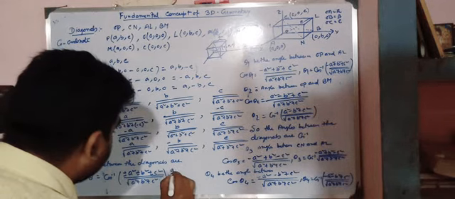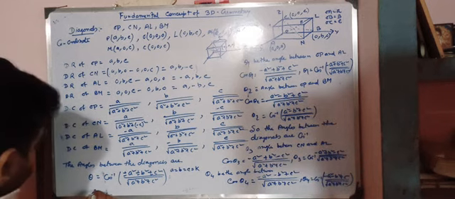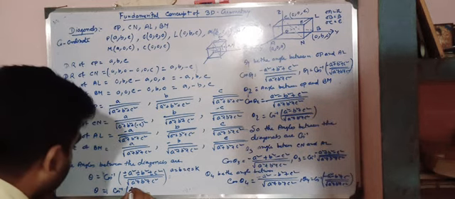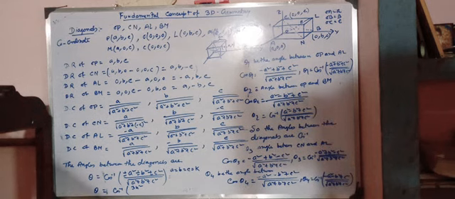A is equal to B is equal to C. Suppose we take K. So theta should be cos inverse of K square over 3K square.